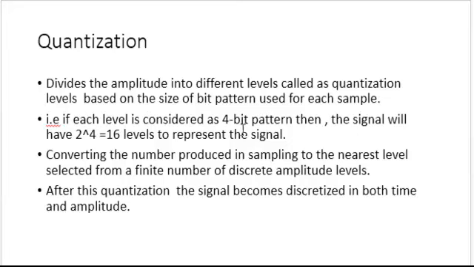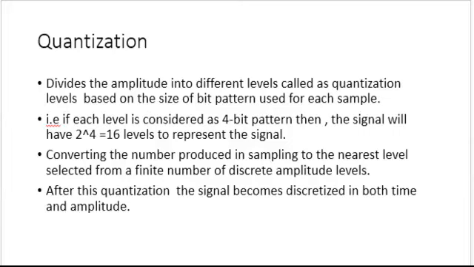After dividing the amplitude, whatever the value of the corresponding amplitude is, you round it up to the nearest level of the selected amplitude levels. After performing this quantization, the given continuous signal becomes discretized in both time and amplitude. So the process of discretizing the discrete time signal with respect to amplitude is nothing but quantization.